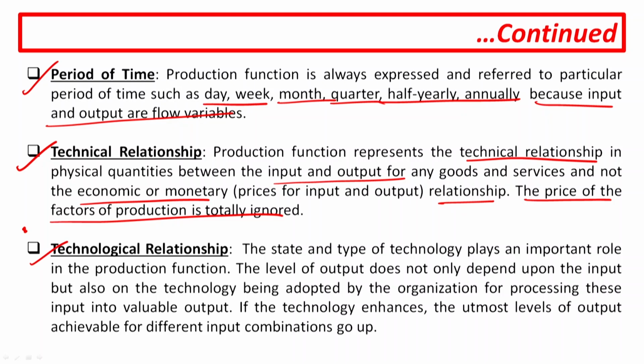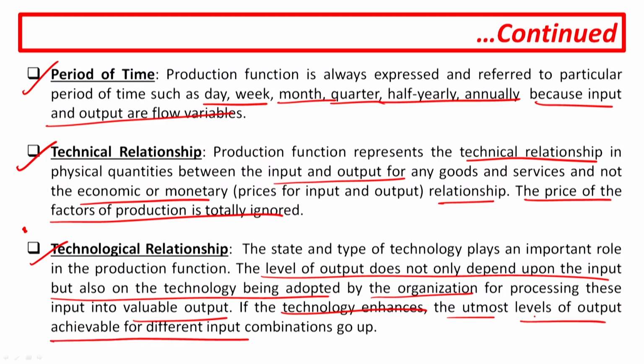Technological relationship. The state and the type of technology play an important role in the production function. The level of output does not only depend upon the input, but also on the technology being adopted by the organization for processing these inputs into valuable output. If the technology is enhanced, the utmost level of output achievable for different input combinations goes up.